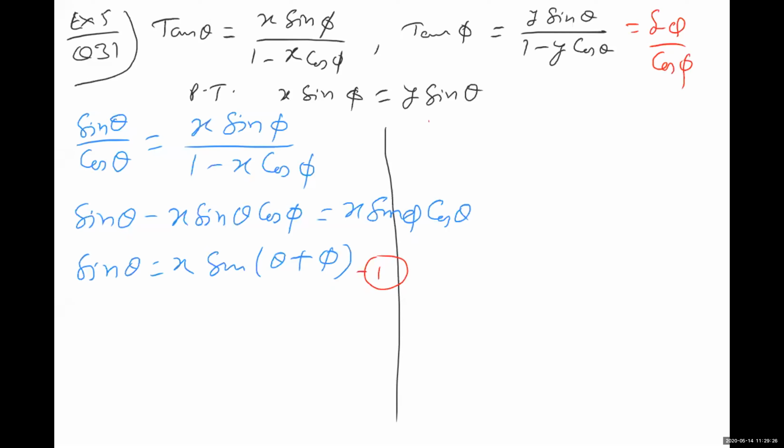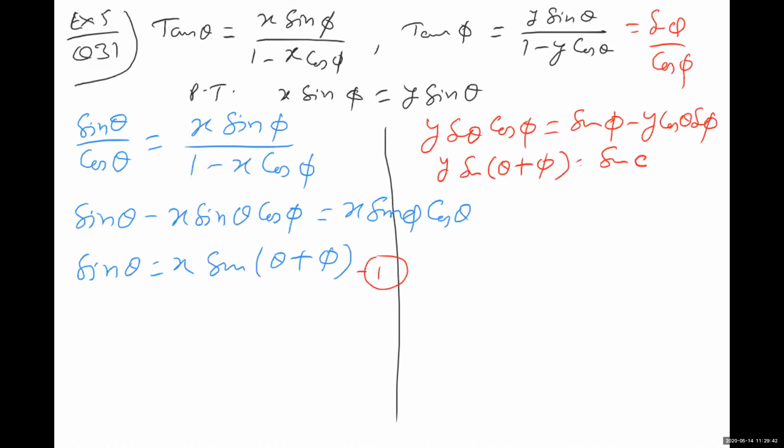So you will get y sine theta cos phi is equal to sine phi minus y cos theta sine phi, so y sine of theta plus phi is equal to sine phi. So from here, sine of theta plus phi is equal to sine phi upon y.